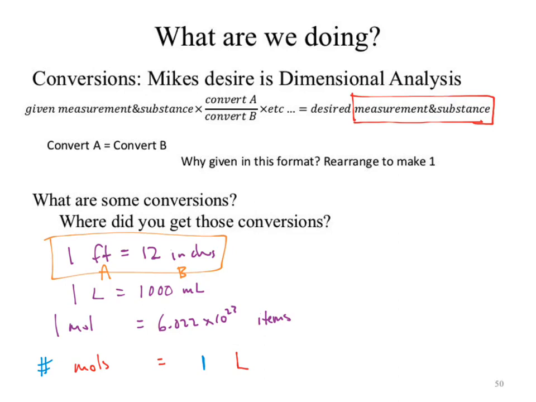Okay? Why is it hard to include a substance with each of these units? Just like with the molarity, it's always different. Depending on what our substance is, it could change. So if we think it could change, we could say feet of A, inches of A. Why does it have to be A?